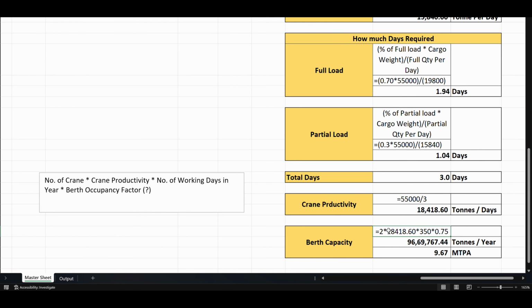Here 2 is mandatory, 2 is constant. Crane productivity is 18,418. We deduct 15 days for maintenance and holidays, so only 15 days deducted, and 0.75 is the constant factor we take. So here we get 9.67 million tons per annum. This is the berth capacity for the iron ore.